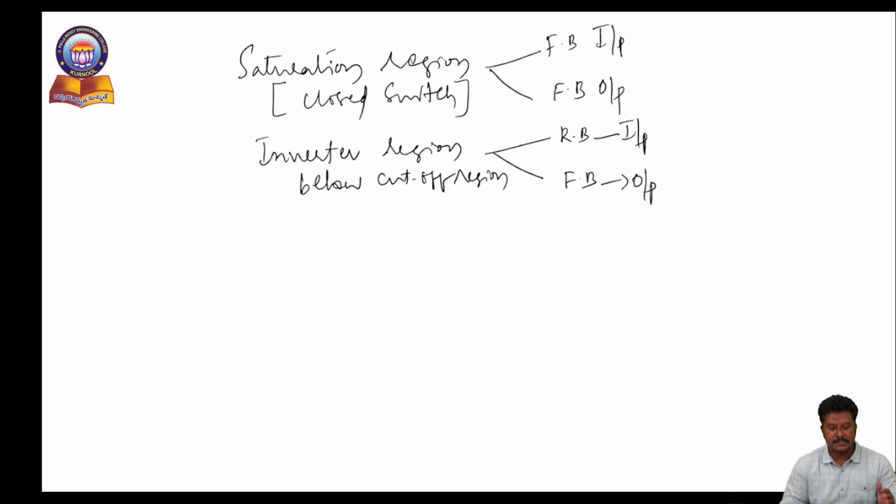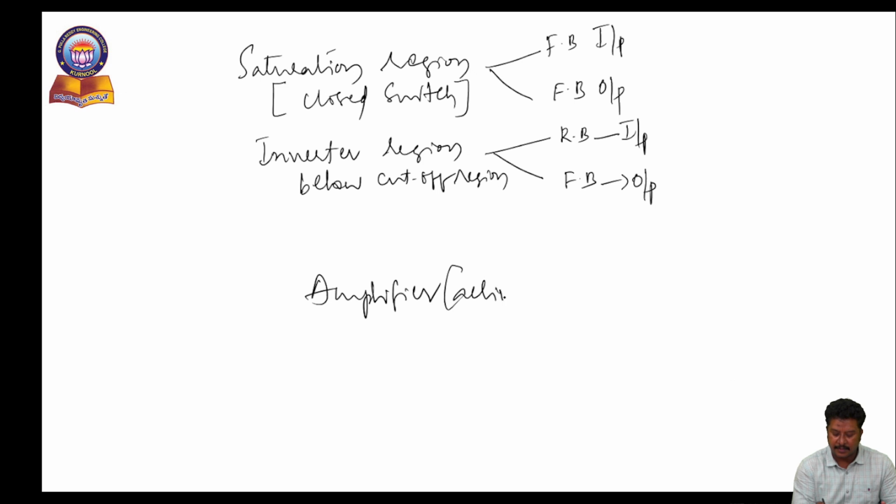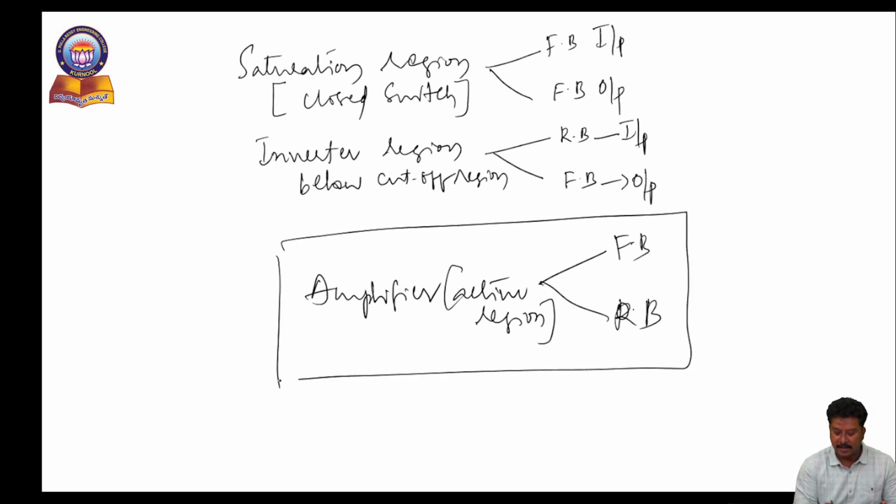So I am not concentrating on saturation, cutoff and inverter regions. My interest is only to use the transistor as an amplifier, that too in the active region only, so that I can operate the input as forward bias as well as output as reverse bias. This is my area of interest.